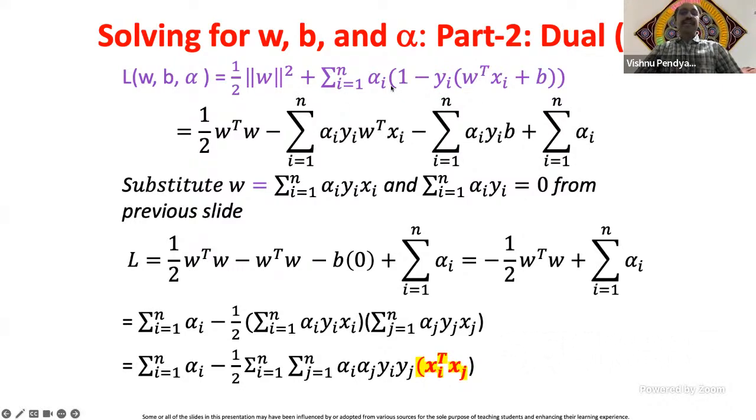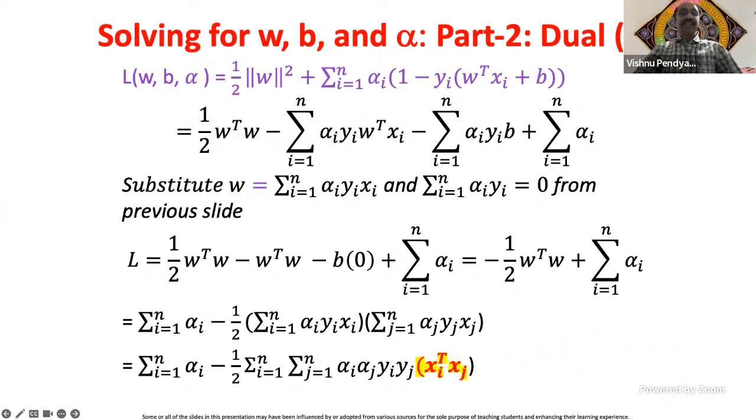The first term, alpha i times 1, becomes a summation of alpha i. The second term becomes minus alpha i times yi times w transpose times xi. And then the third term becomes this.